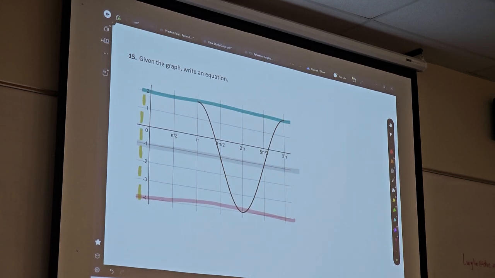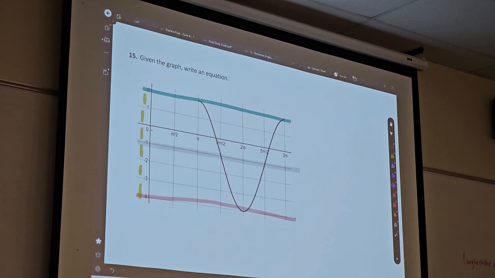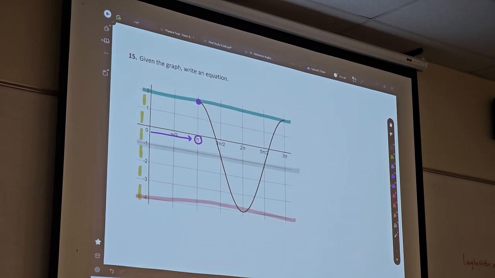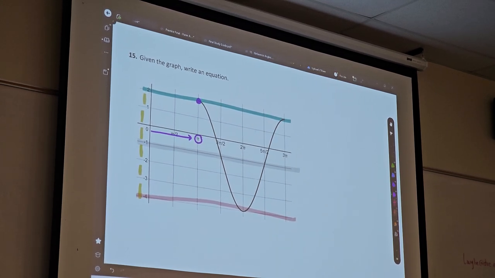And this thing has been shifted to the right. We normally started at 0, and now we're starting at pi. So here we go. Y is, it's not a reflected cosine, it's a cosine. Amplitude is 3 cosine.